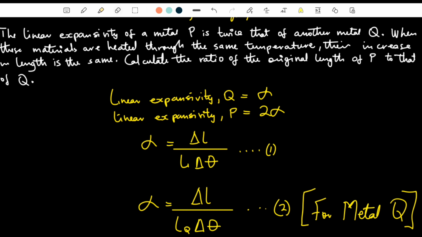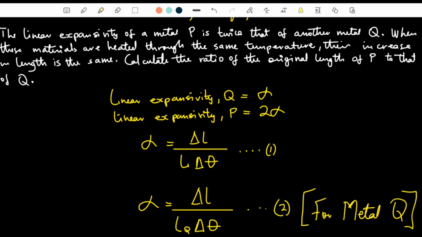But let's start off with this comparison. Linear expansivity of Q is alpha, and the linear expansivity of P, you've been told from the question, is twice that of the other metal. That's just 2 times the linear expansivity of Q. We have this equation representing the general equation.